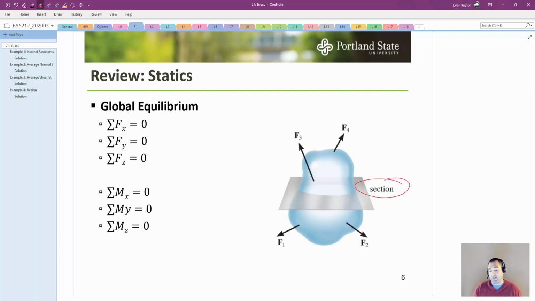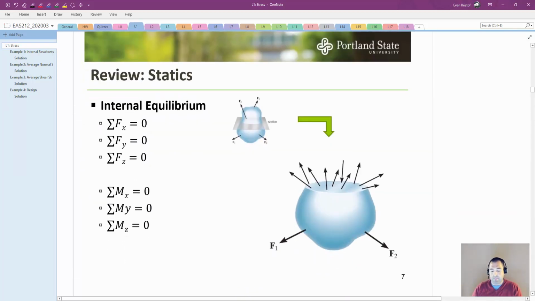And that's a great tool that we have in statics. That section cut, we're not physically cutting it, we're kind of using an X-ray to cut it and then figure out, well, if we were to replace everything on the bottom with some equivalent forces and moments, what would those be? And that is the amount of force or moment that is being transferred by the material through that section cut itself.